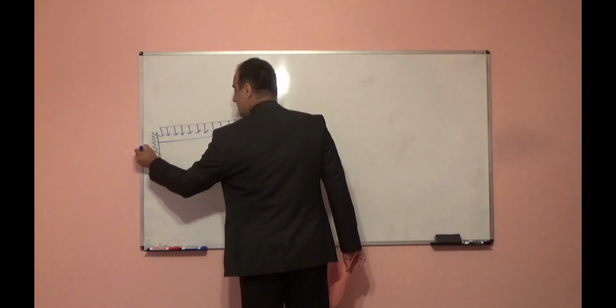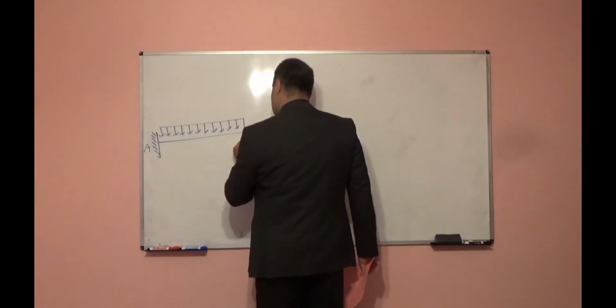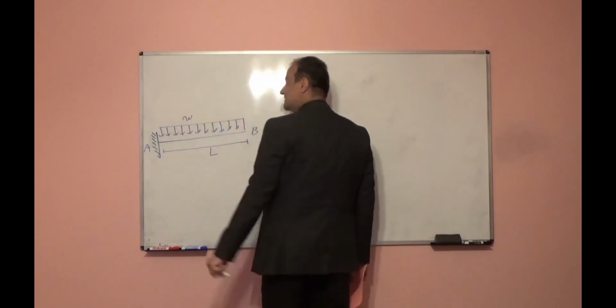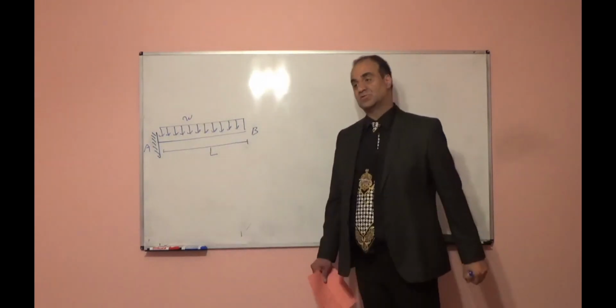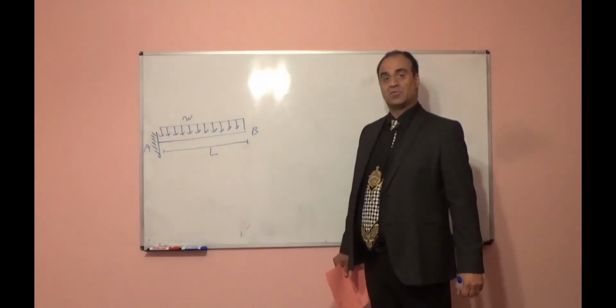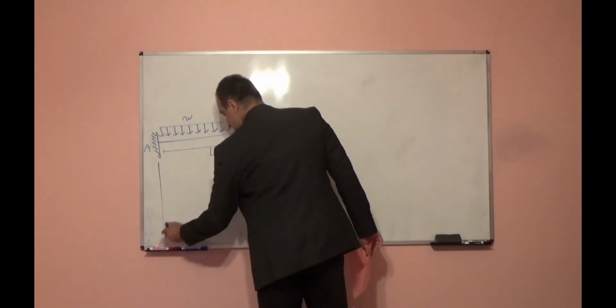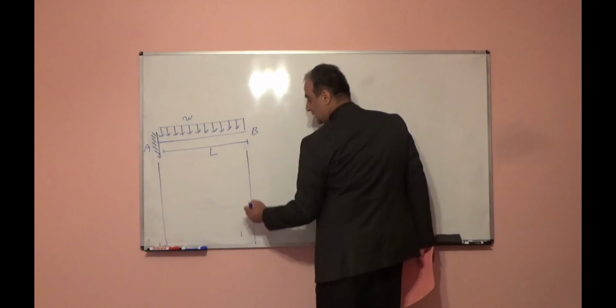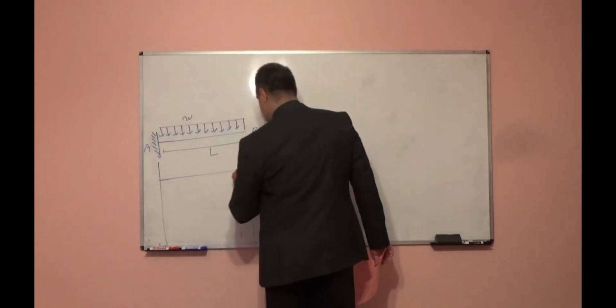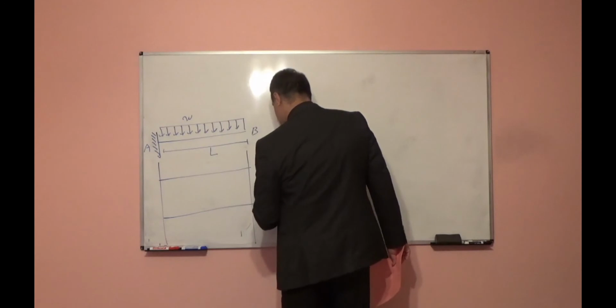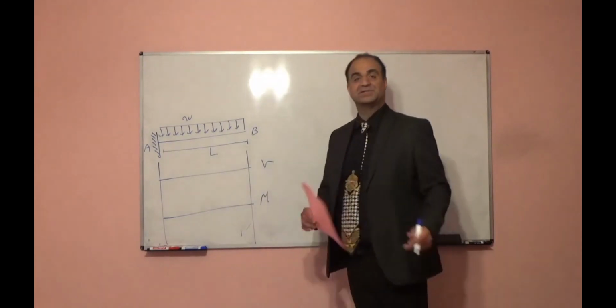So point A, point B, the length for this beam is L, the intensity of load is W, uniform distributed load. I want to draw shear diagram and moment diagram. First step, I will find reactions.